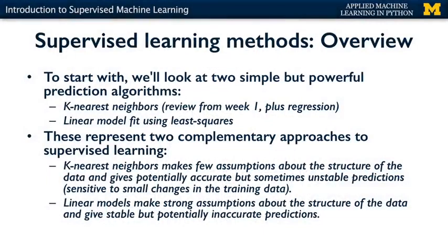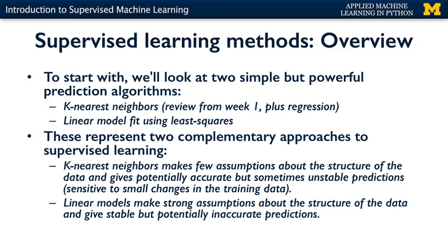To start with, we'll look at two simple but powerful prediction algorithms: k-nearest neighbors, which we saw in week 1, and linear model fitting using least squares. These two prediction methods represent two complementary approaches to supervised learning. K-nearest neighbors doesn't make a lot of assumptions about the structure of the data and gives potentially accurate but sometimes unstable predictions.